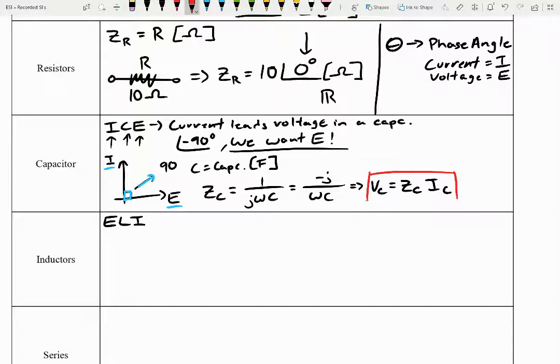And that looks very familiar to our Ohm's law. But now instead of resistance, we have impedance. And that is A-okay with us. We can do that.